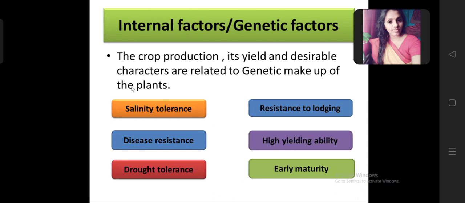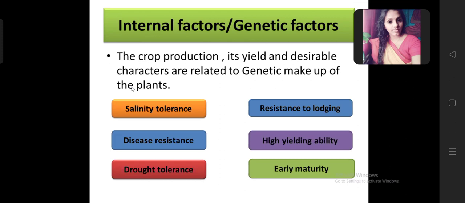So the basic classification is internal factors and external factors. Now we will discuss the internal or genetic factors in depth. We know that in the plant cell there is genetic material, and this material is responsible for some of the phenotypic and genotypic characters. The plant yield is directly proportional to its resistance to diseases, pests, salinity, drought, etc. All these characters are controlled by genes present inside the plant.